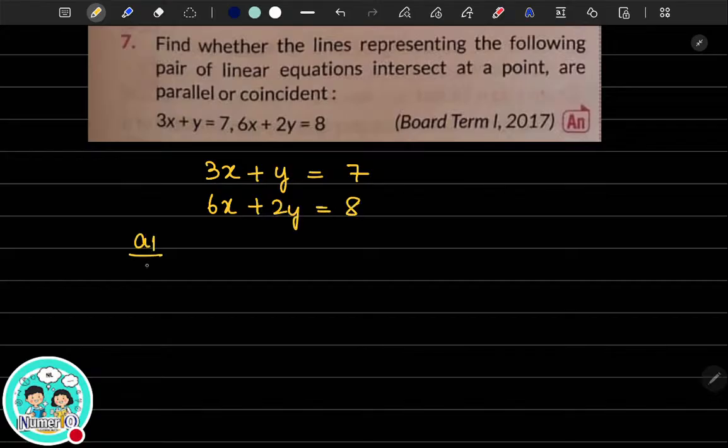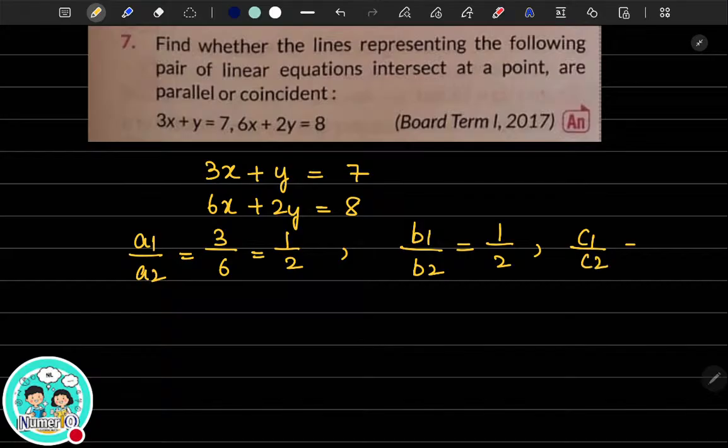What is your A1 by A2? It is 3 by 6, which is nothing but 1 by 2. B1 by B2 is also 1 by 2. What's the C1 by C2? It is 7 divided by 8. So what is the scenario?